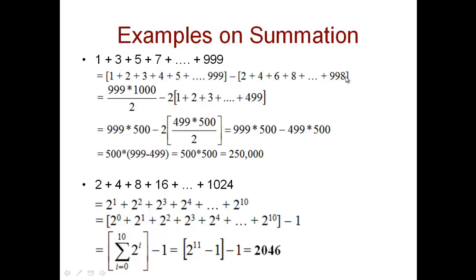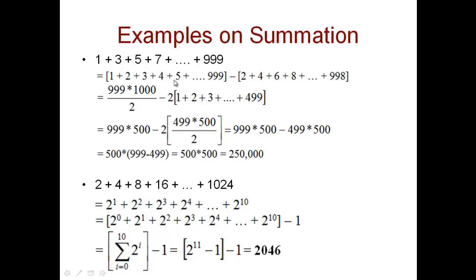Since you subtracted what you added, the net result is going to be the same as 1 plus 3 plus 5 up to 999. So the value of the summation will not change by doing this.